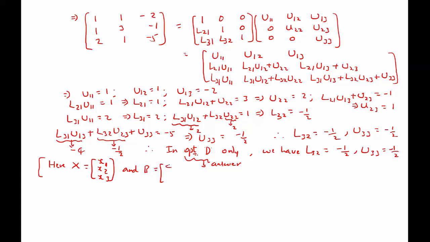That is 4, 7, 7. Now, AX is equal to B. That is the given system.